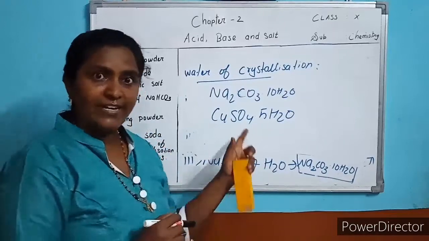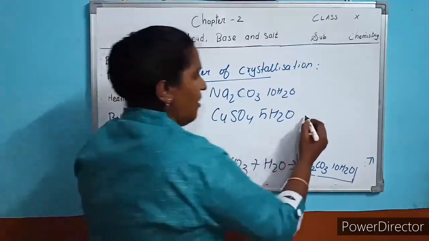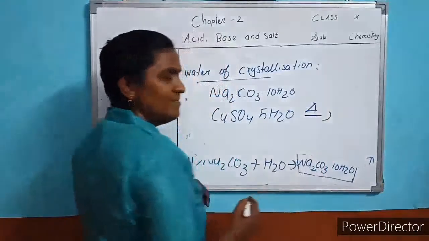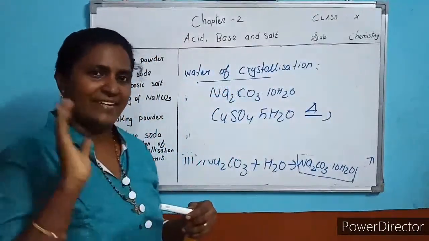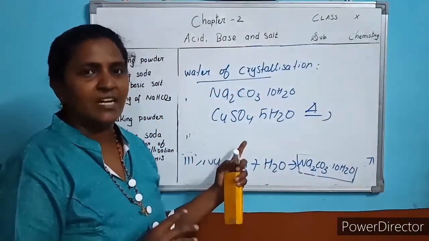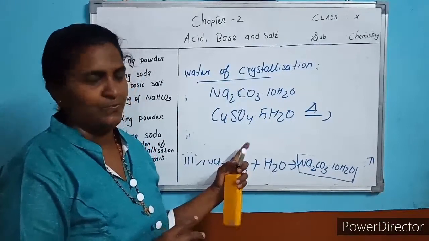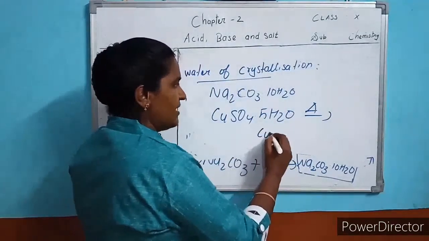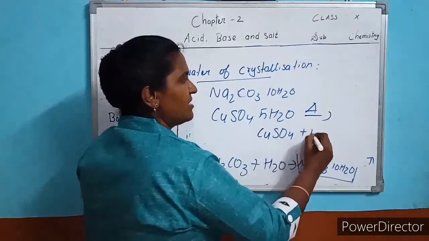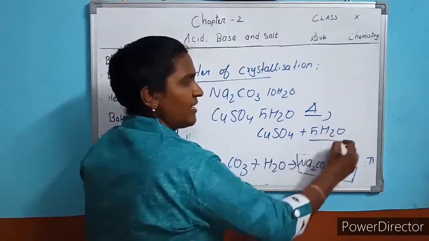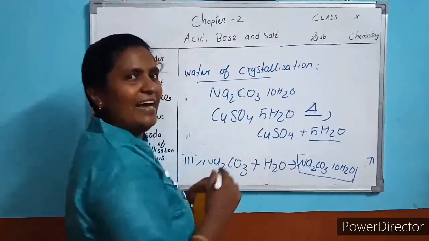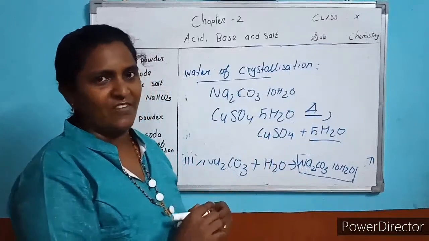What will happen on heating these salts? On heating, the water evaporates, leaving the compound behind as a residue. On heating, you will get copper sulfate plus 5 molecules of water. This water evaporates and then you get the anhydrous copper sulfate.